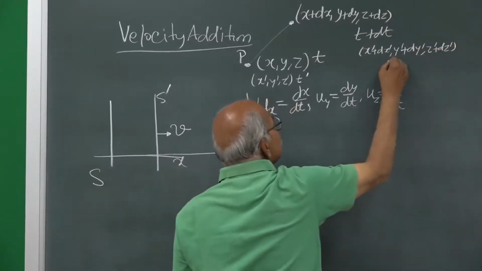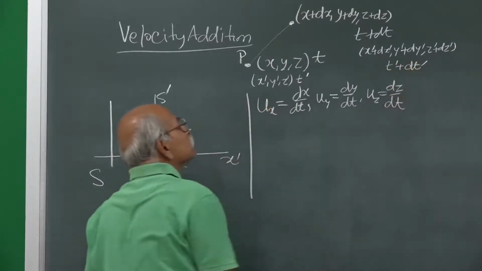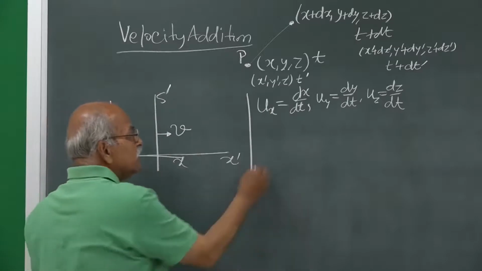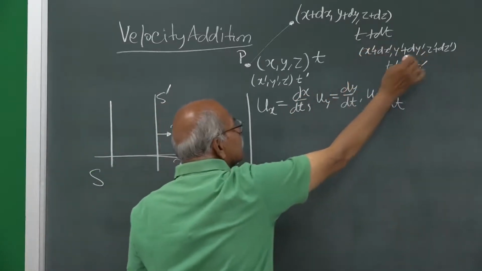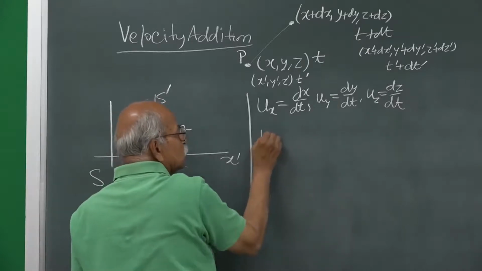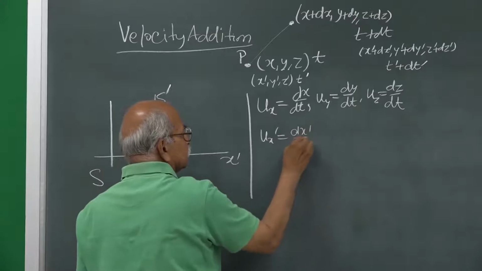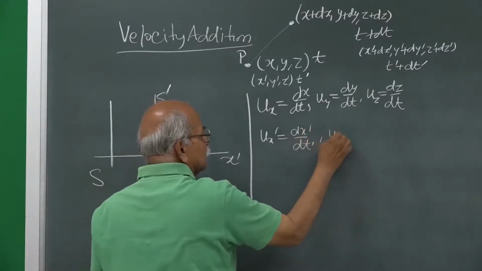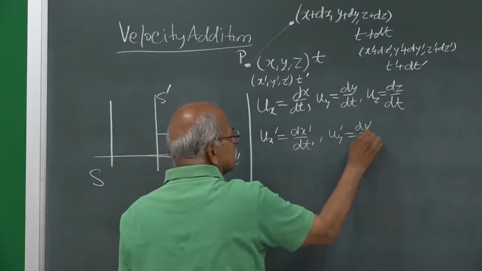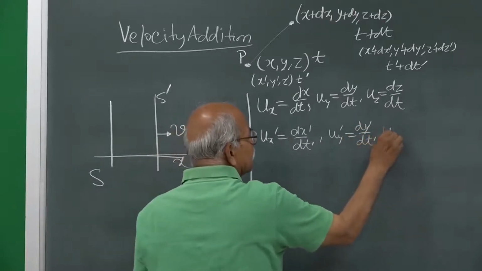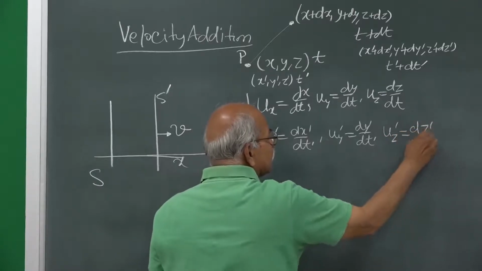And when did it occur? t prime plus dt prime. And similarly, the definitions will be dx prime divided by dt prime will be ux prime, uy prime is dy prime by dt prime and uz prime is dz prime by dt prime.